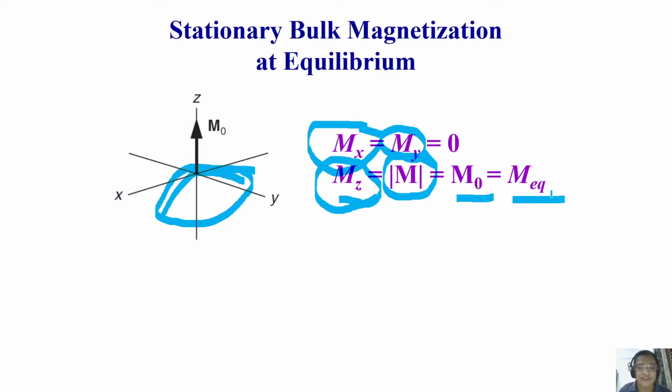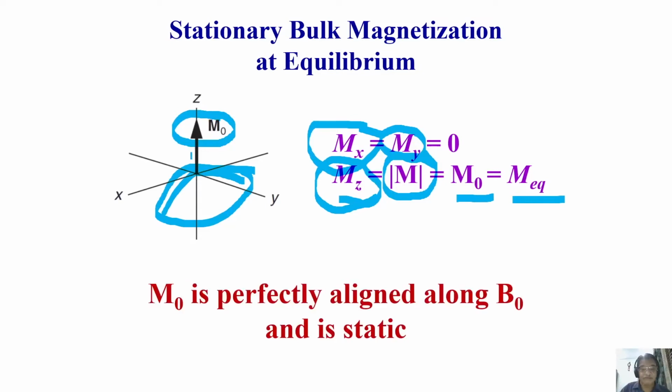So the bulk magnetization is called Mz, or equilibrium magnetization M0, or sometimes Meq. Meq or M0 or Mz doesn't matter, all are the same. One point you must remember is that even in thermal equilibrium, this bulk magnetization is static and perfectly aligned along the z-axis.